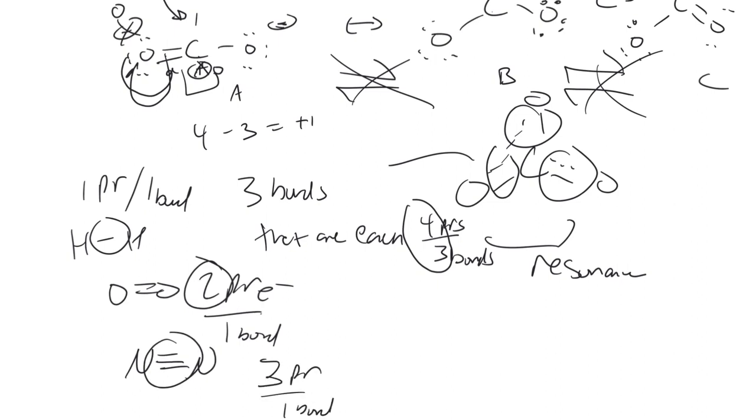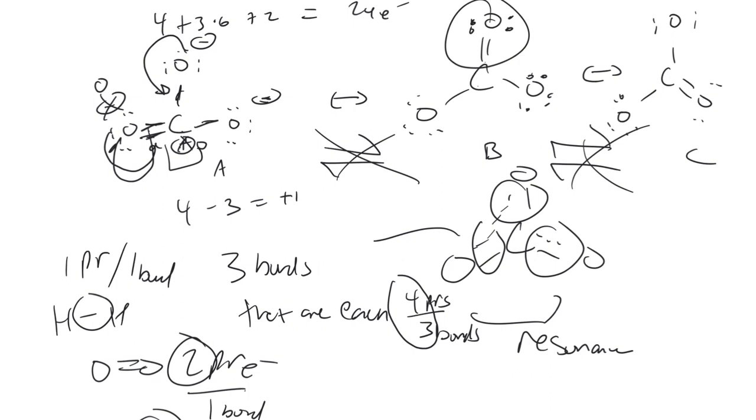Here, we're spreading 4 pairs of electrons across those 3 connections of C and O. So I have 3 CO bonds, and I'm spreading 4 pairs of electrons across them at each time. If you think of bond length, double bonds are shorter and single bonds are longer. These are right in between the length you would expect for a single versus a double bond.